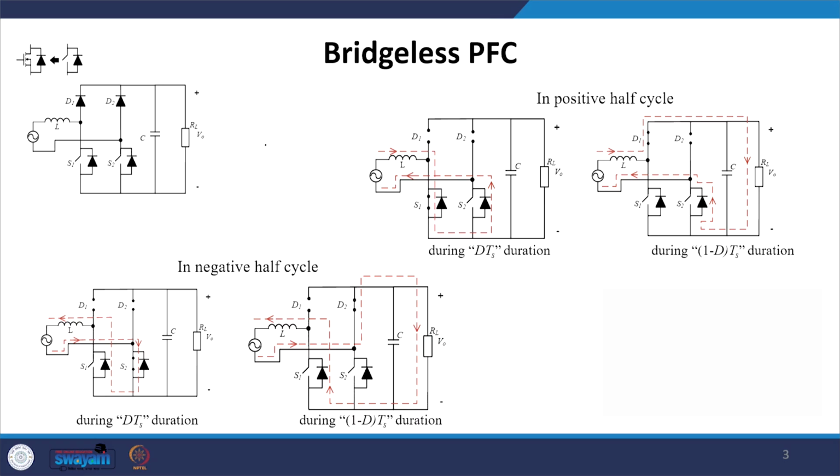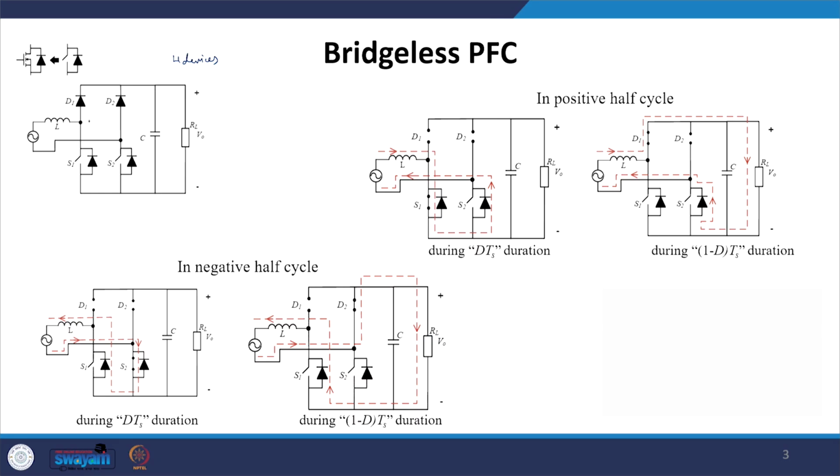In the bridgeless PFC converter we do not have the diode bridge rectifier at the front stage. Here we have 4 devices arranged in a manner where D1 and D2 are the diodes, while S1 and S2 are the active switches with a diode connected across each. Mostly MOSFETs are used along with their body diodes, so we represent this switch accordingly.